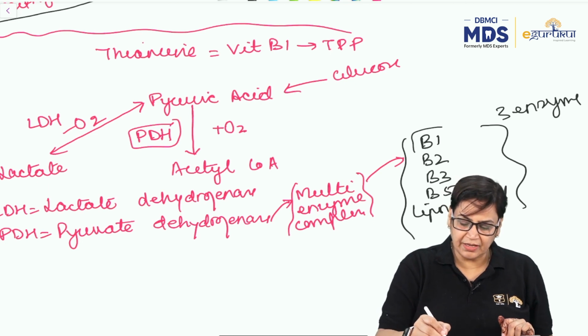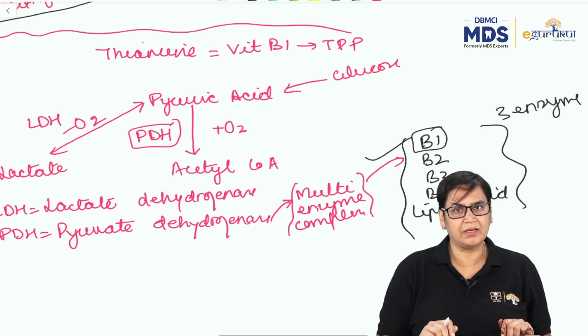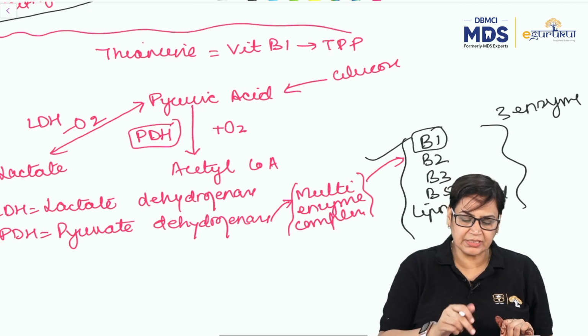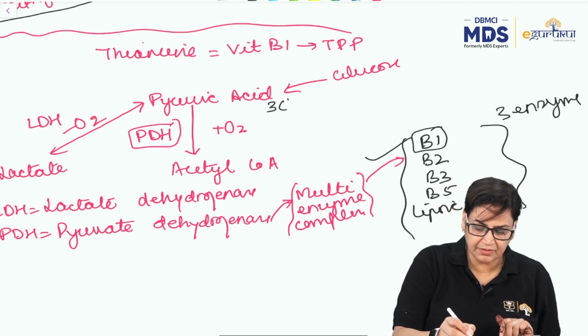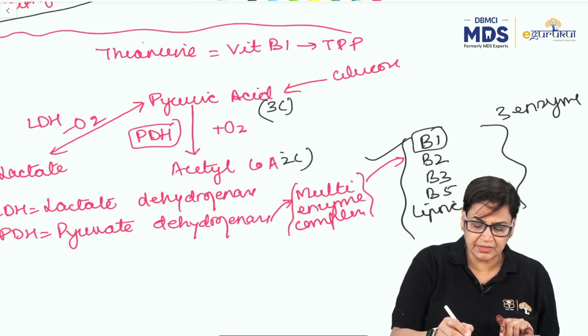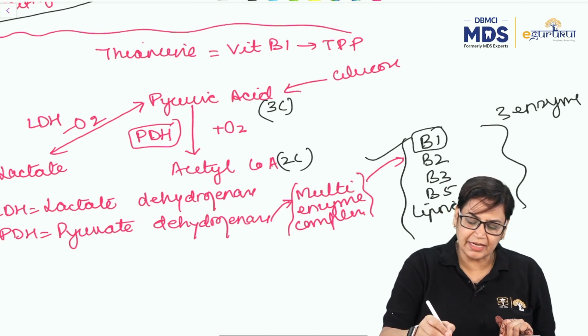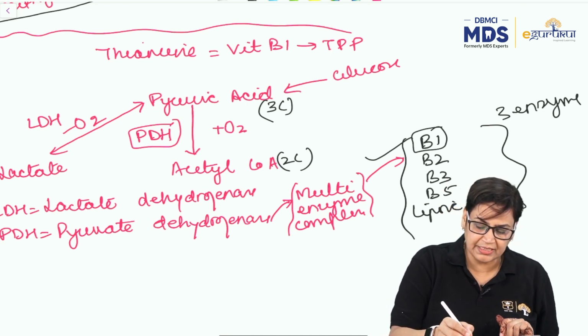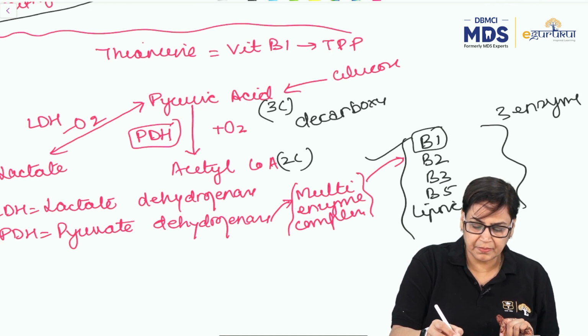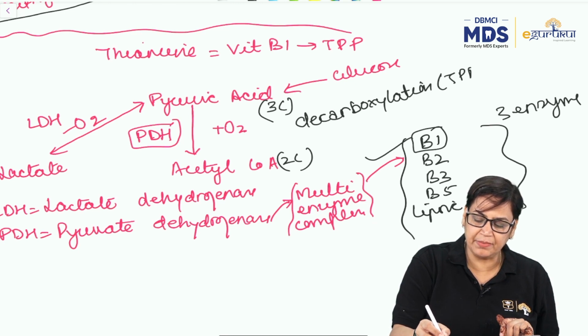And B1 is the most important one, because pyruvate has 3 carbon atoms and acetyl has 2 carbon atoms. One molecule of carbon dioxide is taken away, meaning decarboxylation. The main coenzyme is TPP.